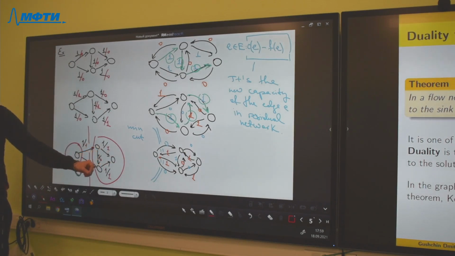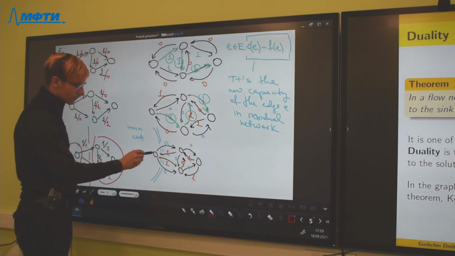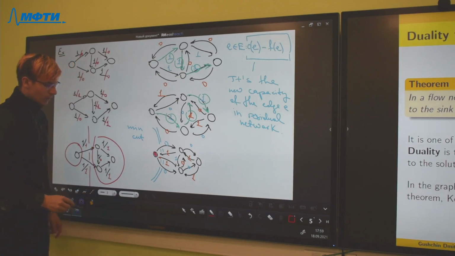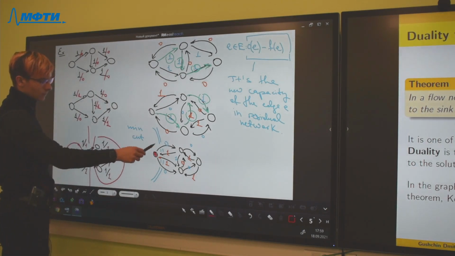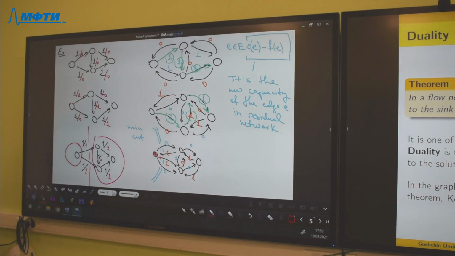We say that from the source we cannot reach any other vertices using edges with capacities bigger than 0. So the minimal cut of this network is dividing the set of vertices into these two parts.